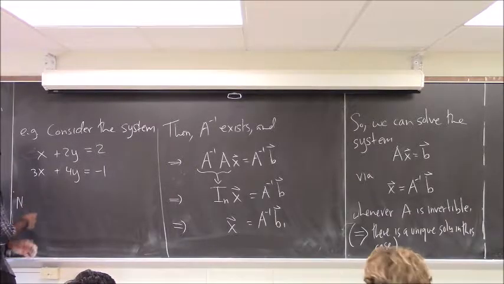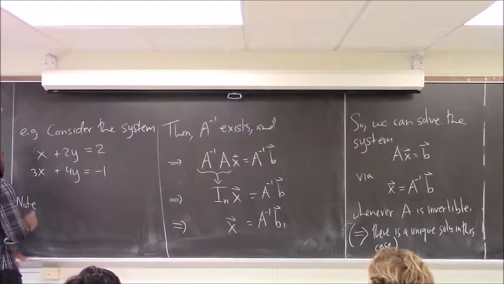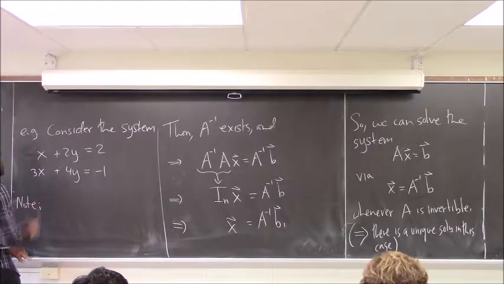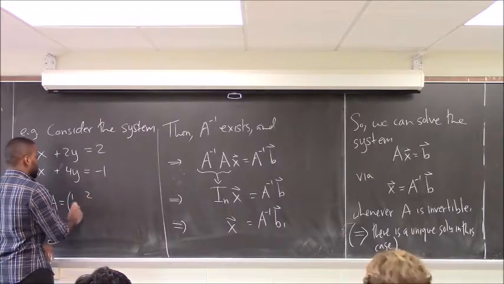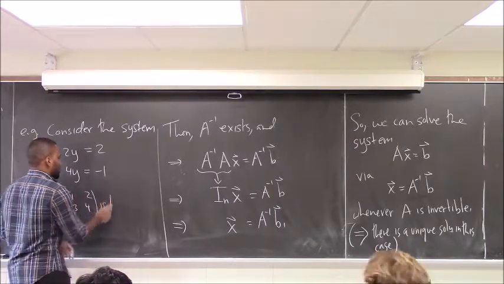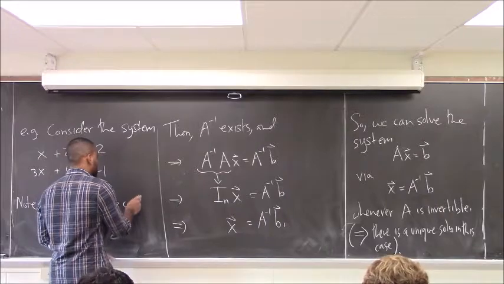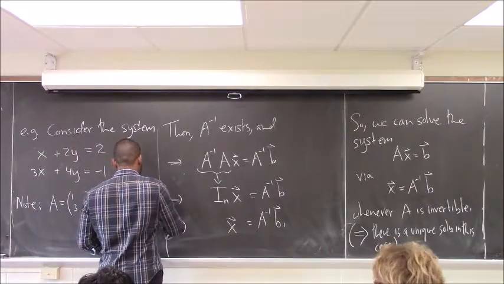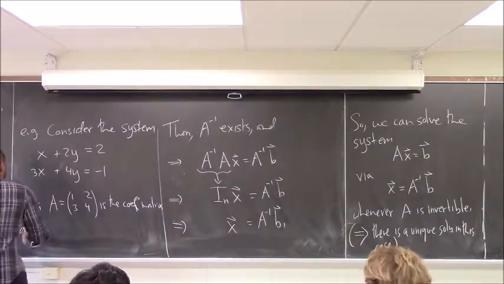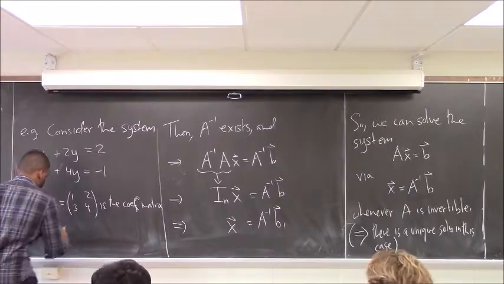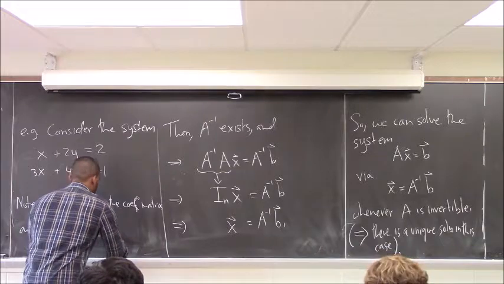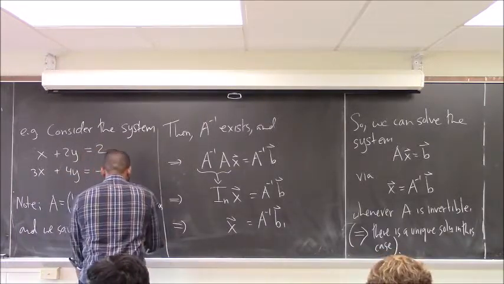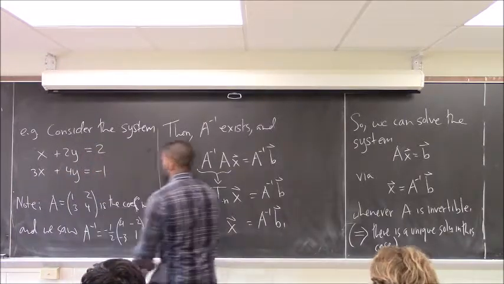There are many ways you can solve the system, but I want to specifically use the inverses idea. Note, A equals 1, 2, 3, 4 is the coefficient matrix. And we saw A inverse is actually minus a half times 4, 1, minus 2, minus 3.